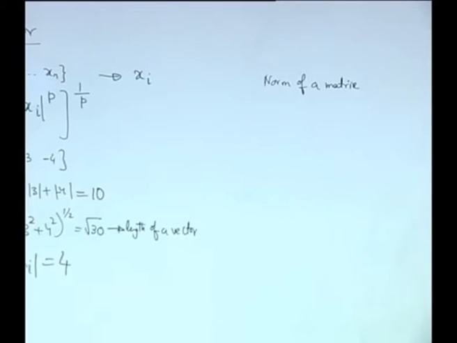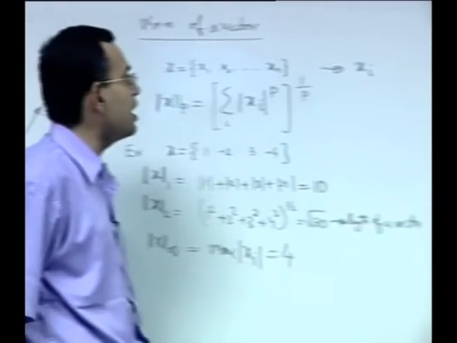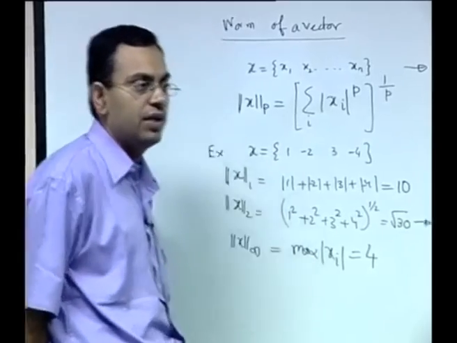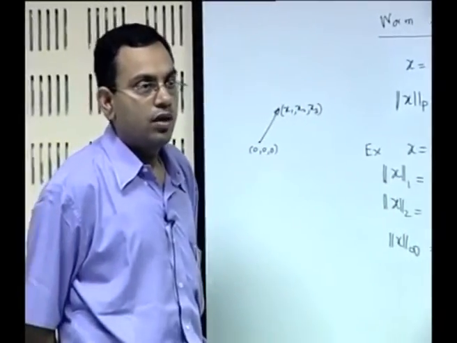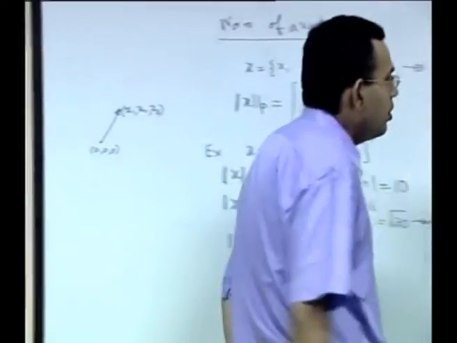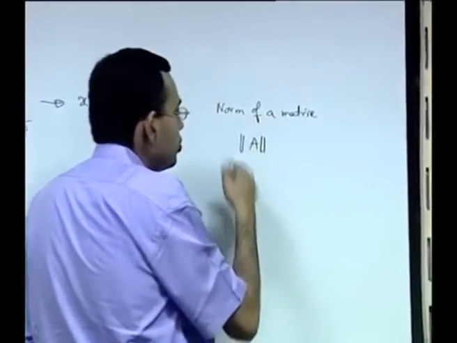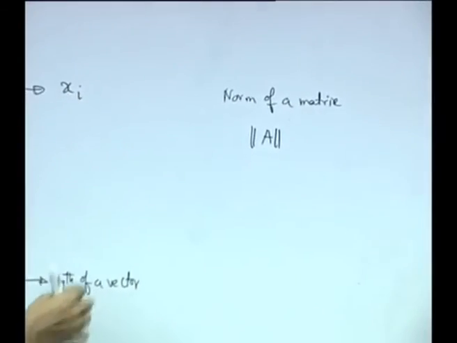You can clearly see that this definition of norm that we have seen for a vector cannot be directly extrapolated to that of a matrix, because a matrix is not a linear structure, or to be more precise, not a one dimensional structure like a vector. So usually when you are interested to find out the norm of a matrix, it is defined through the norm of a vector. So how is it defined?